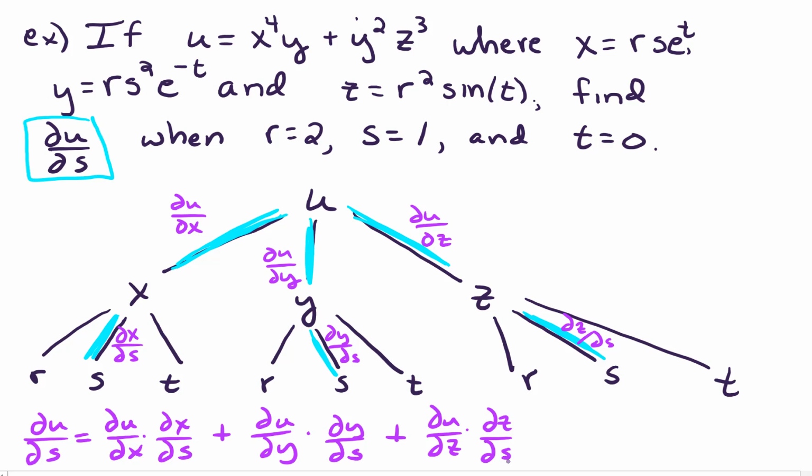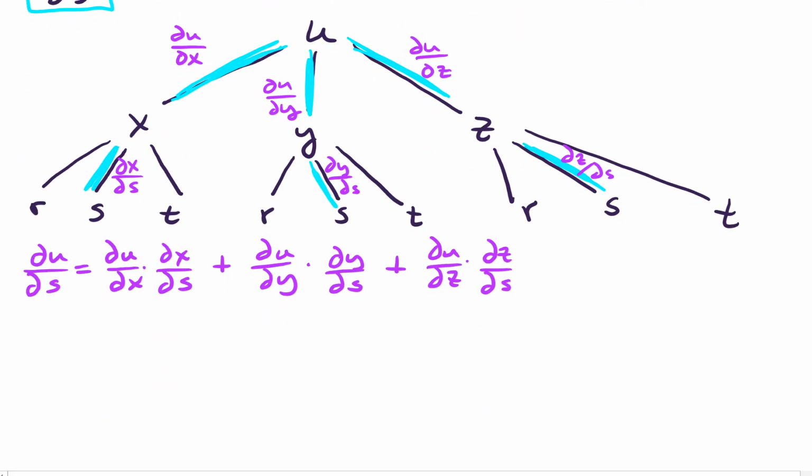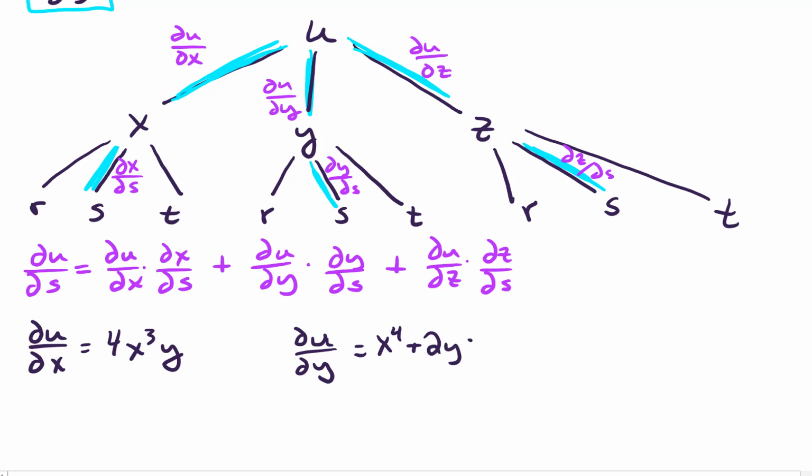So the next thing we need to do is compute all the pieces, and then we'll put them into our formula. First of all, let's figure out what is du dx. Well, du dx is 4x cubed y. Let's compute du dy. That is x to the fourth plus 2y z cubed, and du dz is 3y squared z squared.